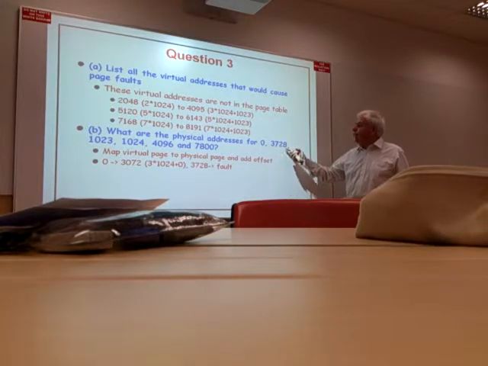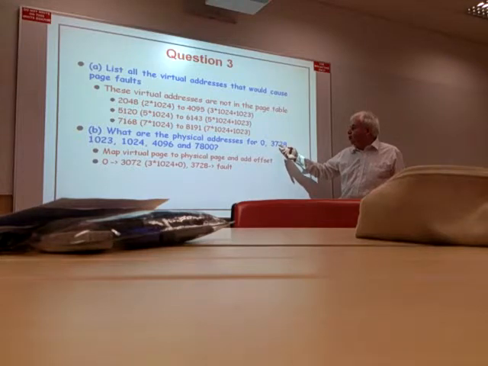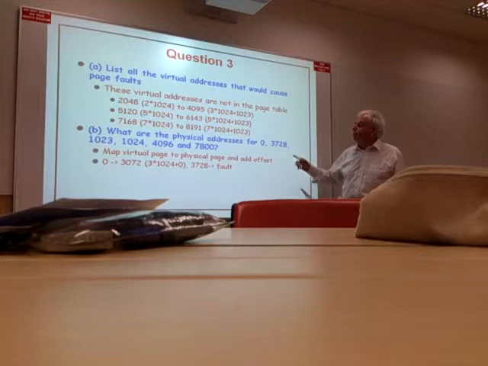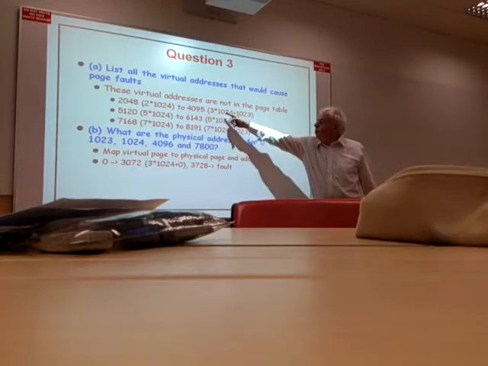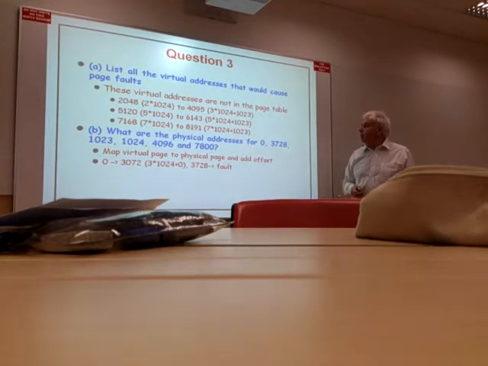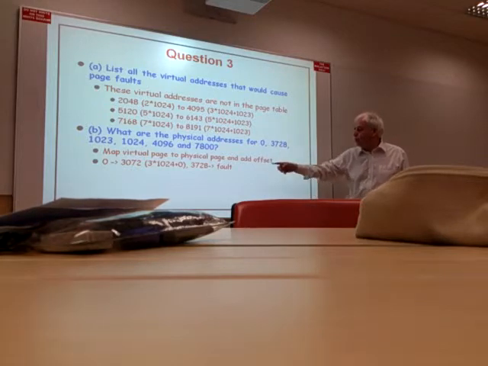Okay, 3728 is not in main memory because virtual page 3 we know is not in main memory, so 3728 will cause a page fault, so it has no physical address.